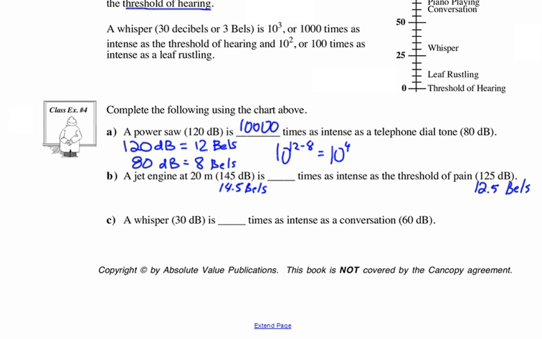And so now we can compare them. Its intensity would be 10 to the power of 14.5 minus 12.5, or 10 to the power of 2, which is 100. Okay, why don't you try the next one?